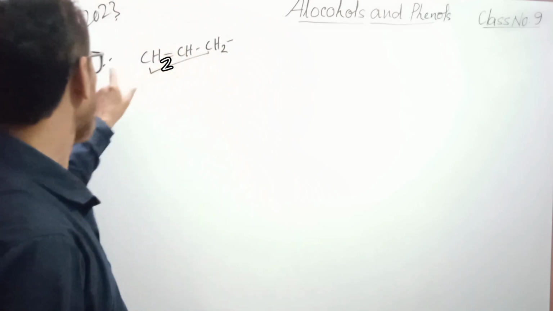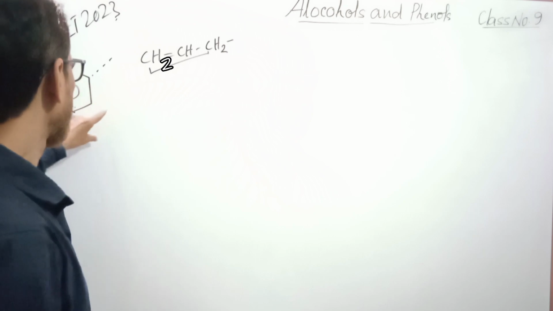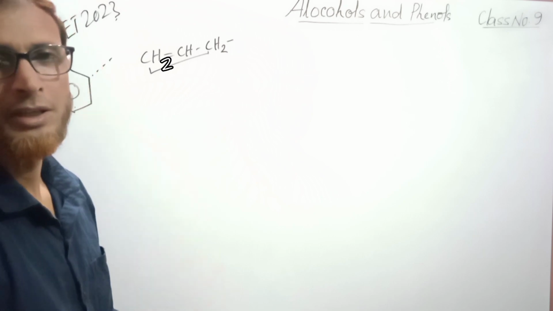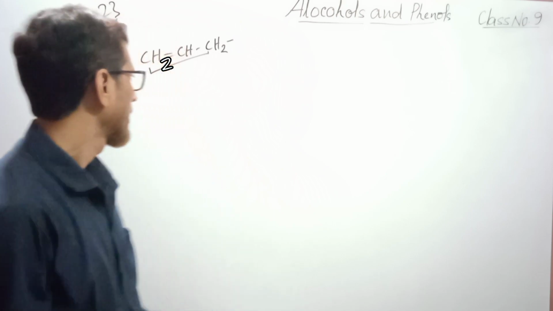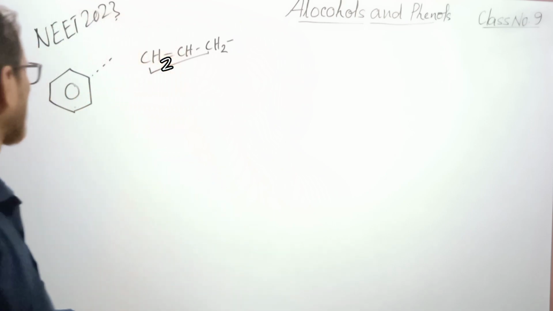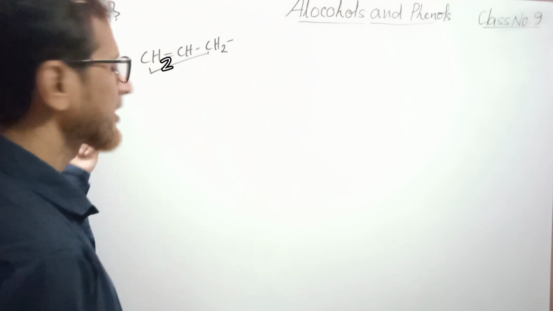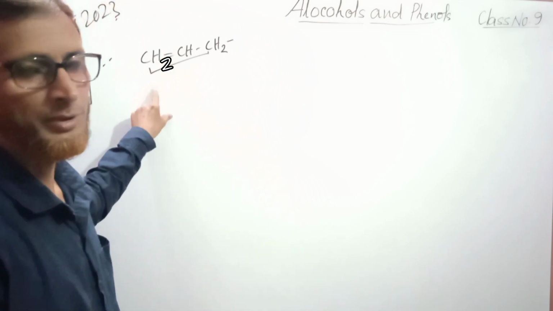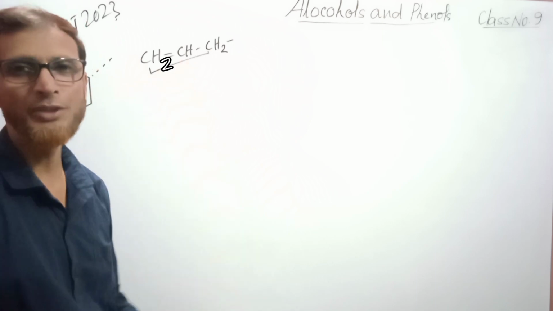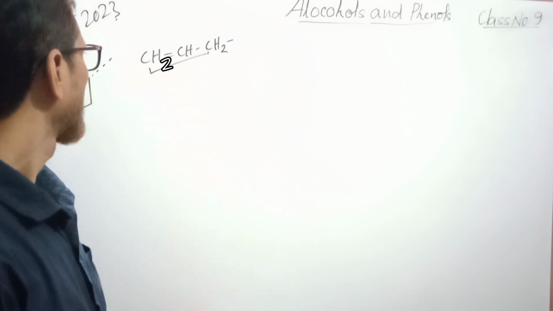When this group is attached to benzene, it is allylic benzene. The options were allylic benzene, benzylic benzene, and lots of others. The answer was allylic benzene. So those who know the allylic group can answer correctly.